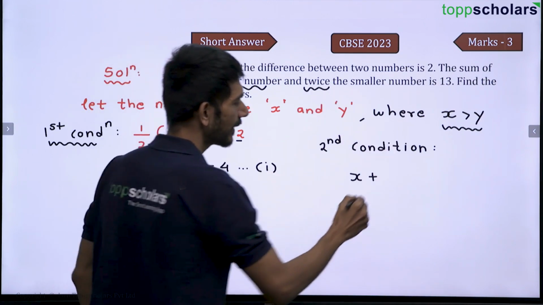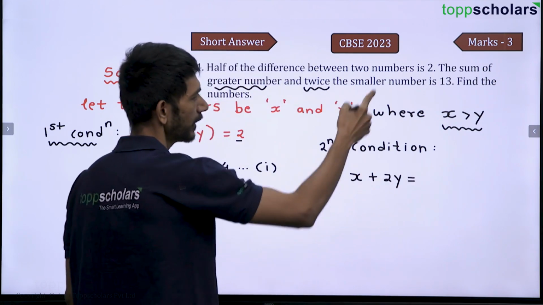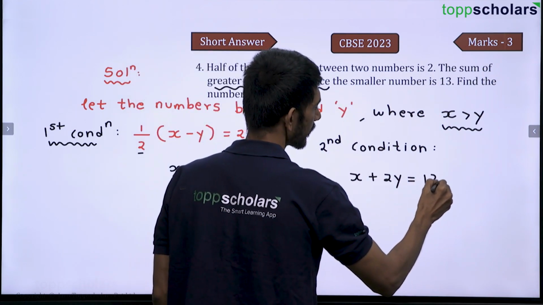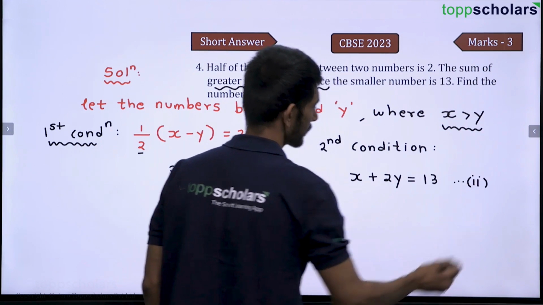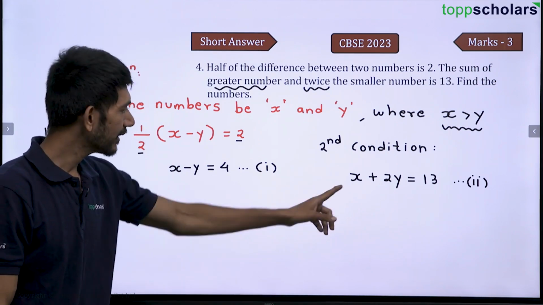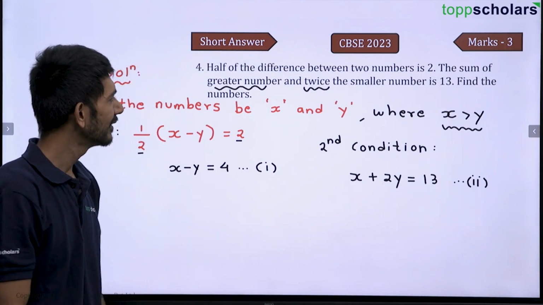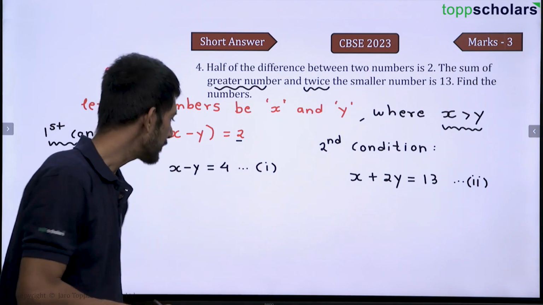Smaller number is y. So twice means 2 times y is equal to 13. This is my equation number 2. x minus y is equal to 4 and x plus 2y is equal to 13. Now find the numbers. Now it is very simple. Solve these two linear equations simultaneously.